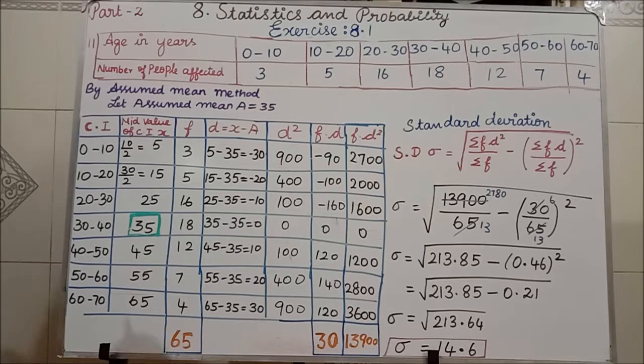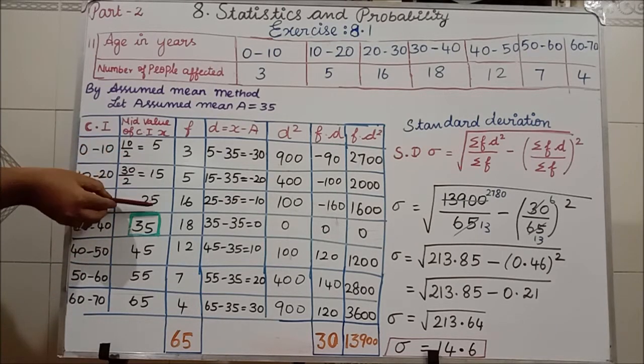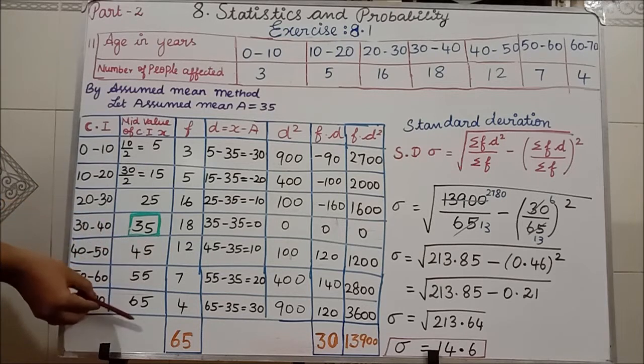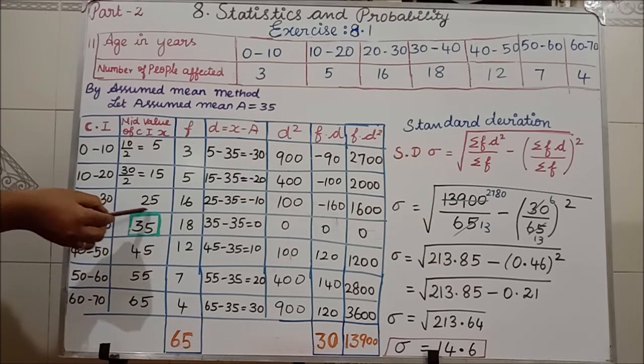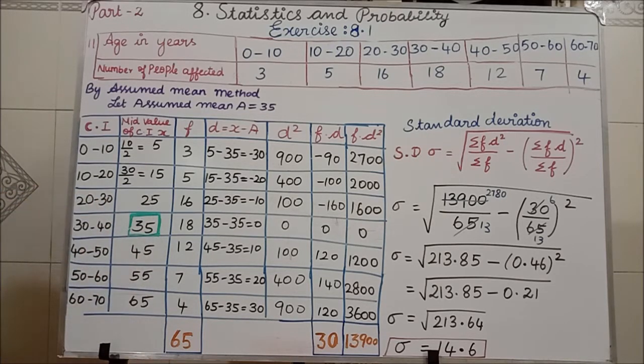How to choose the A value, I told you in part 1 video. You have to see the observations 1, 2, 3, 4, 5, 6, 7. 7 means at the top you can leave 3 and at the bottom you can leave 3. The mid value you are going to take is 35.